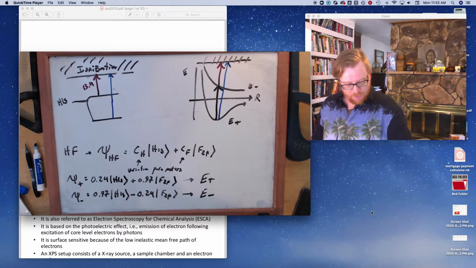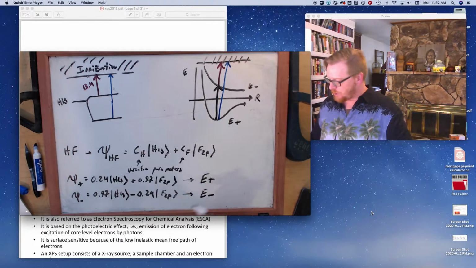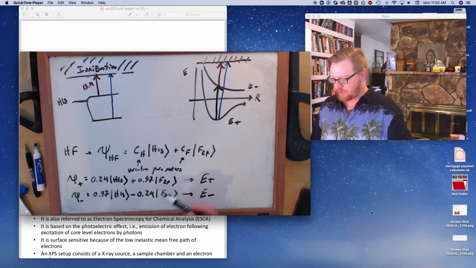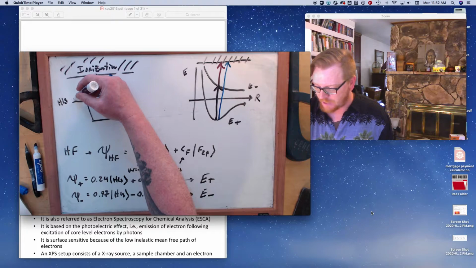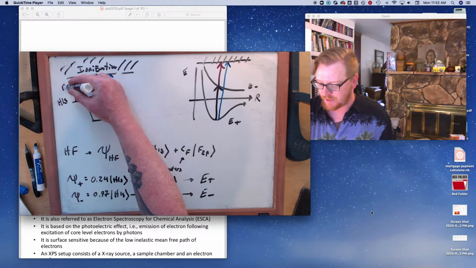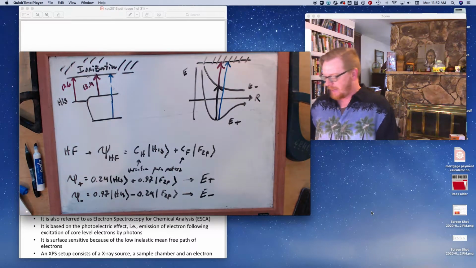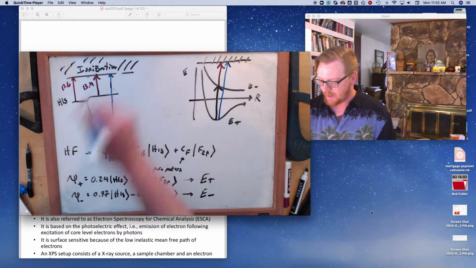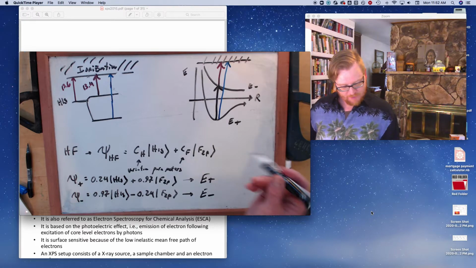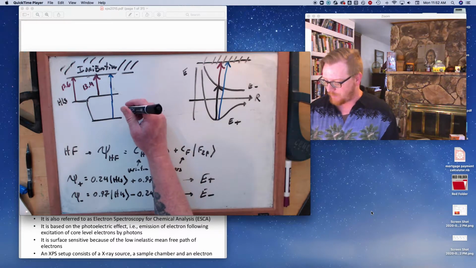But if we do some of those approximation methods, then what you find is the ionization energy of, let's relabel this, H1s we know was 13.6. And so if you do this calculation for F2p, then it actually comes out to be about 17.4.